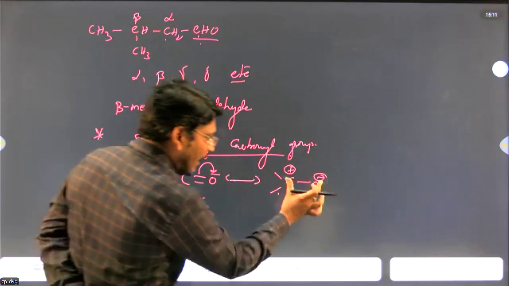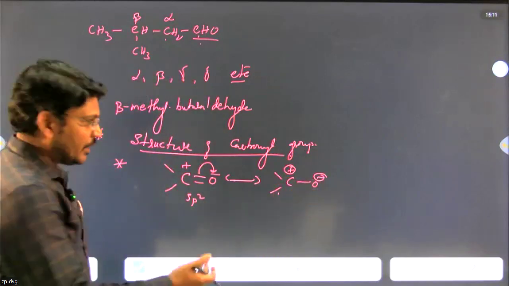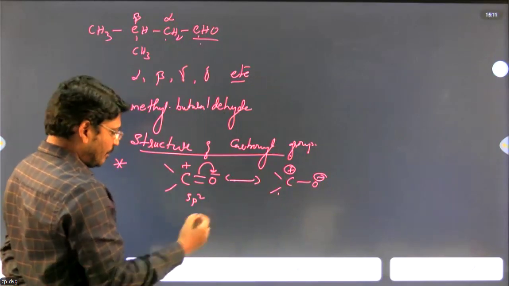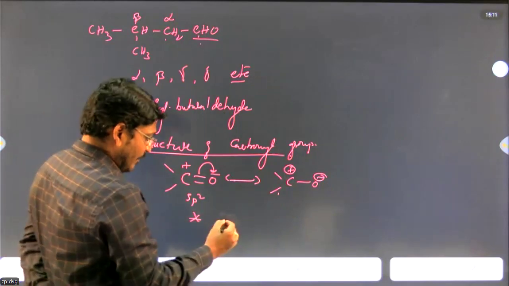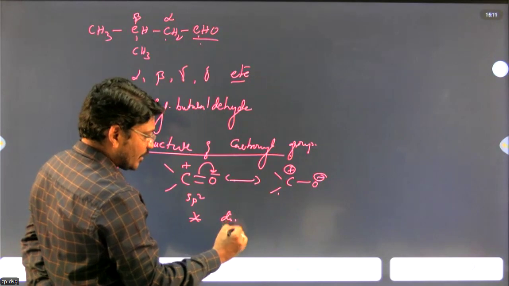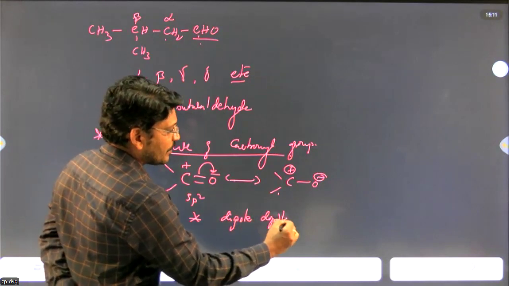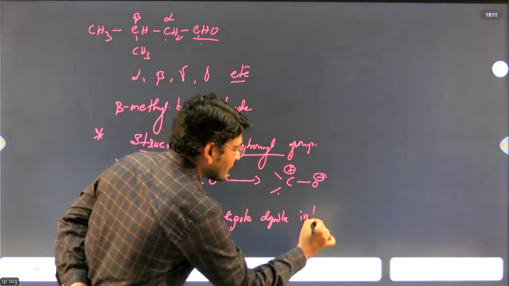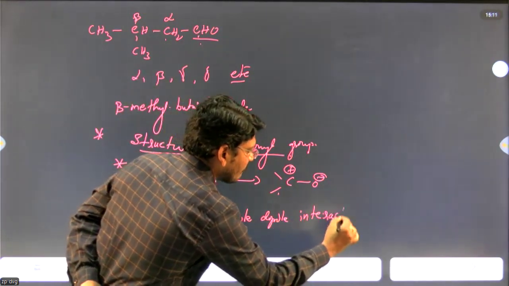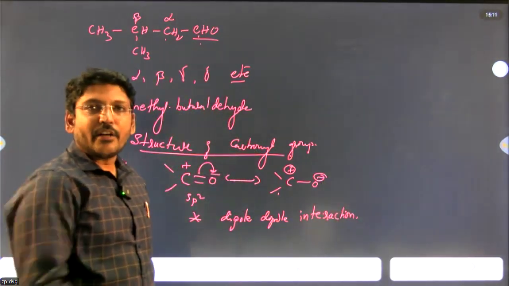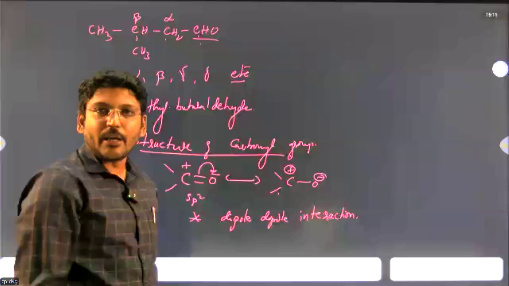I think we already know that polarity is nothing but a charge separation. Due to this polarity, they will develop one particular interaction, also called a dipole-dipole interaction. Any compound which shows polarity definitely has a dipole moment.